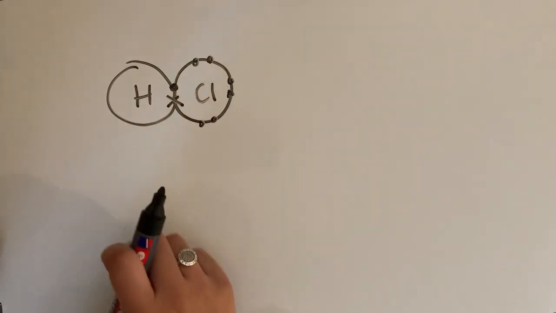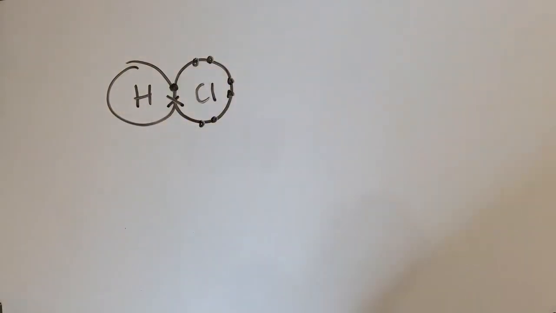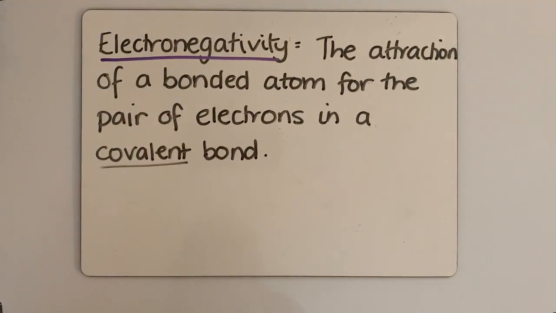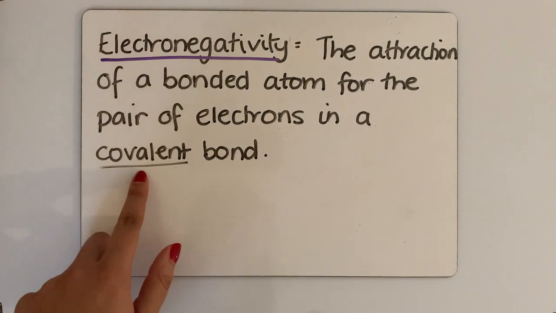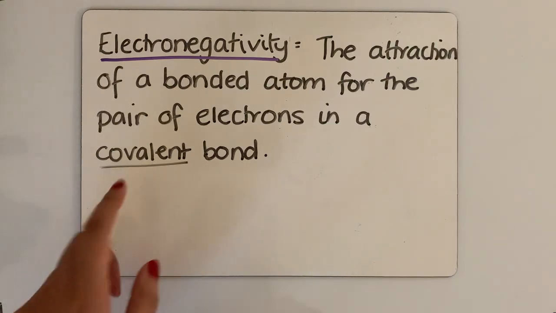When we have two different atoms, those electrons might not lie in the middle. So if we now define electronegativity, electronegativity is the attraction of a bonded atom for the pair of electrons in a covalent bond. I've just highlighted covalent because people tend to forget that part in the definition. So it's the attraction of a bonded atom for the pair of electrons in the covalent bond.